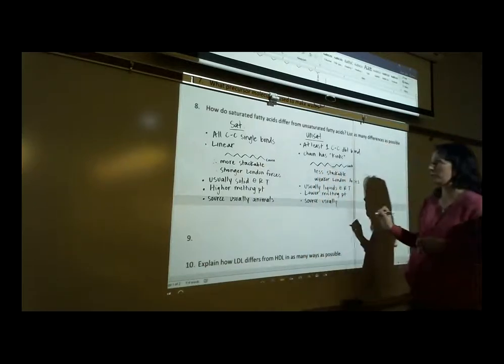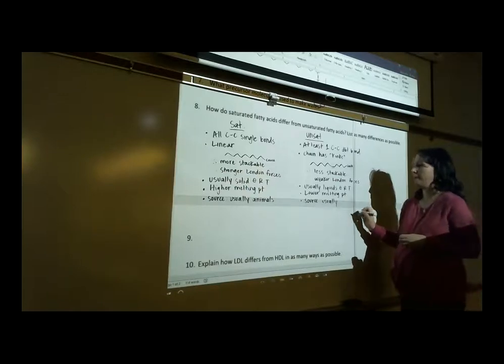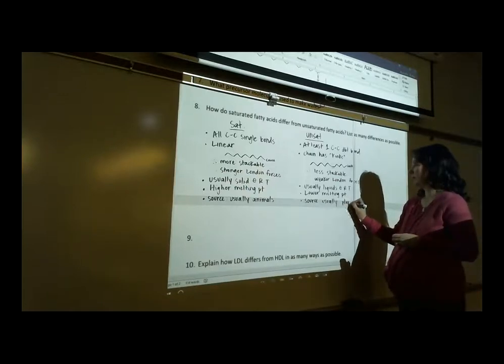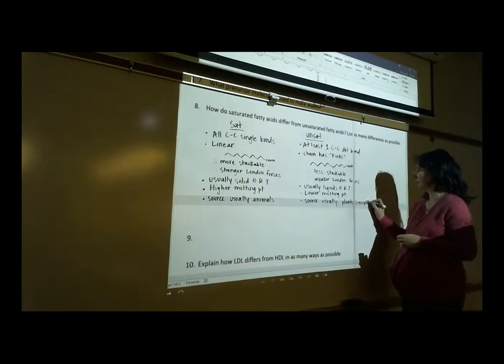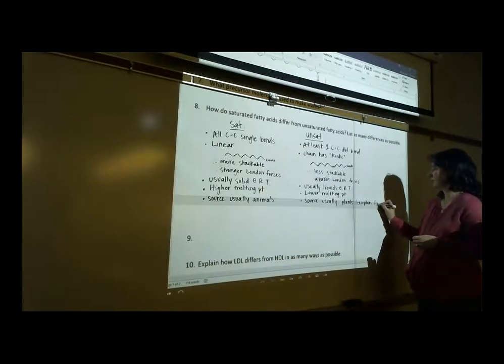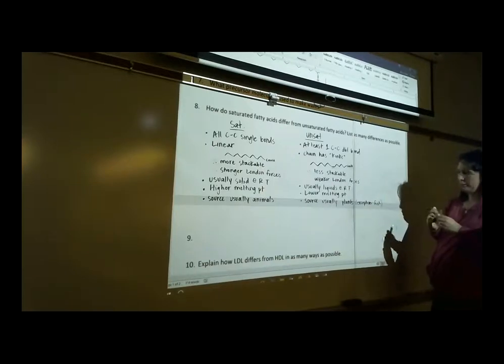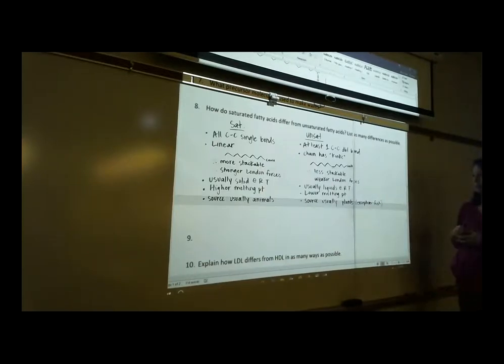What's the usual source for unsaturated? Plants, with the exception of fish, right? Fish oil. Any other differences you thought of?